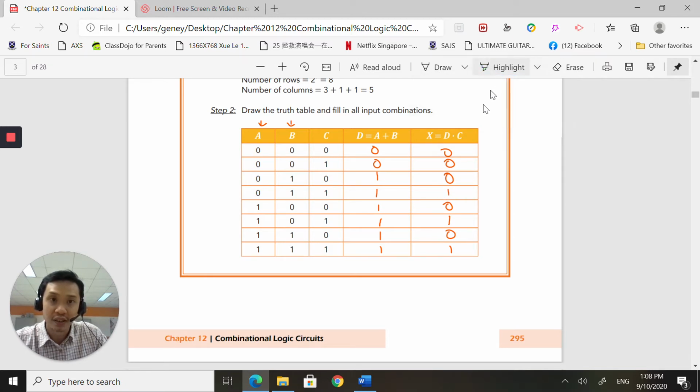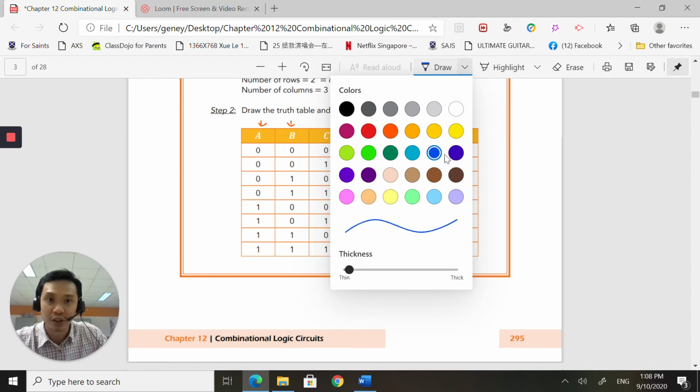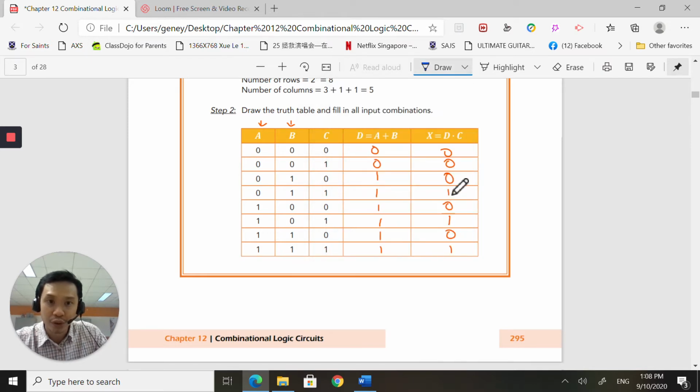Let's go with blue. X would be true in three situations. So X will be true if this happens, or this happens, or this happens, right? There are three scenarios whereby X becomes true. This, or this, or this.